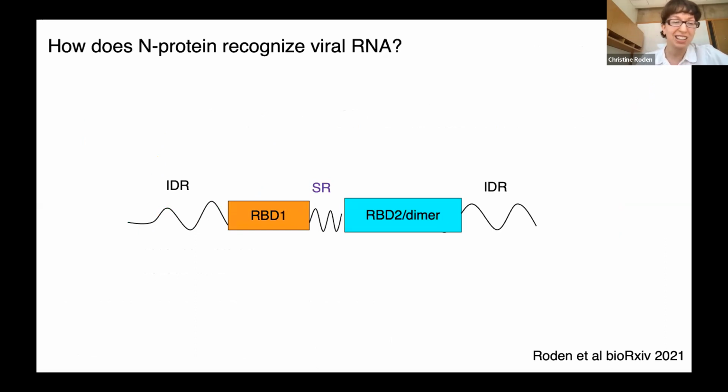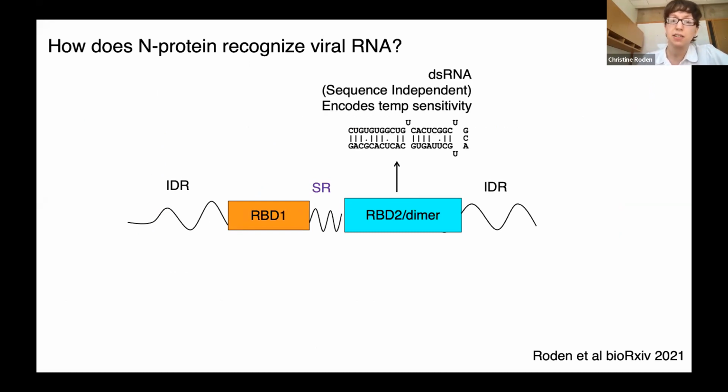So to make the last year and a half of my life really short into one slide, I can tell you that N protein recognizes viral RNA in two distinct ways. One is going through its second RNA binding domain in the C-terminal domain, which recognizes dsRNA independent of sequence, and this interaction encodes the temperature sensitivity of the condensation.